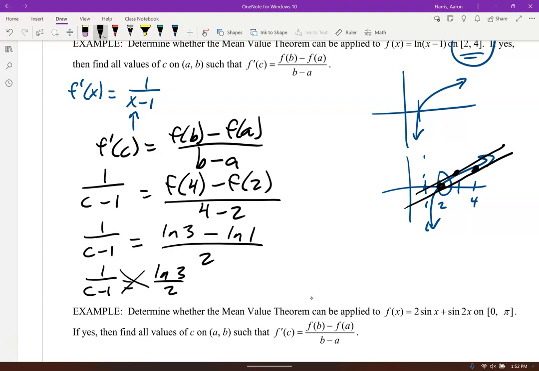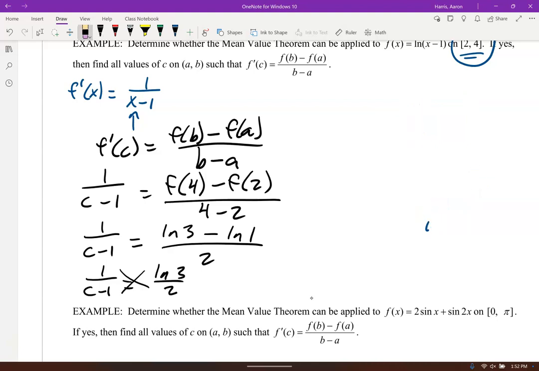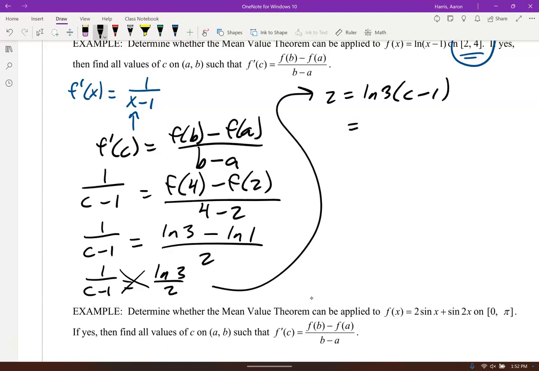I'm going to go ahead and cross multiply to solve this. Let me erase this stuff so I got a little room. So I got 1 times 2 is 2. I got natural log of 3 times C minus 1. So I got C ln of 3 minus the natural log of 3 equals 2. Add the natural log of 3 to both sides.